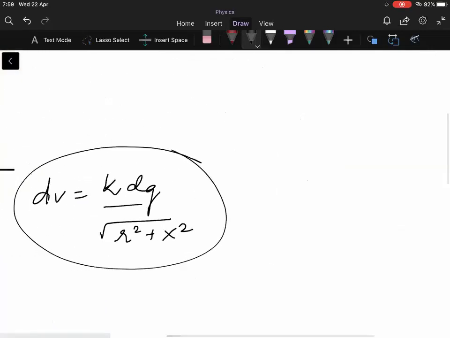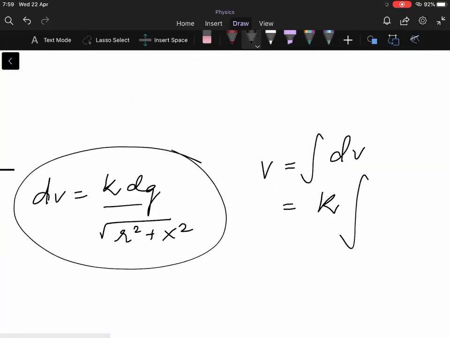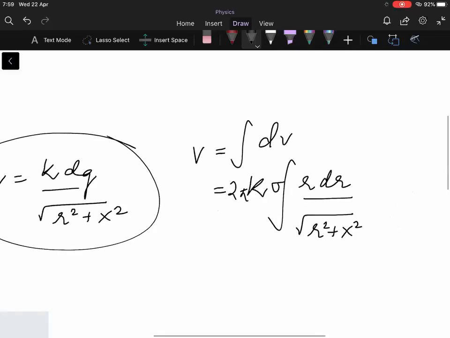Now v is equal to integral of dv, which is k, constant, it comes out. What is dq? Sigma 2 pi r dr, under root of r square plus x square. Is it clear?